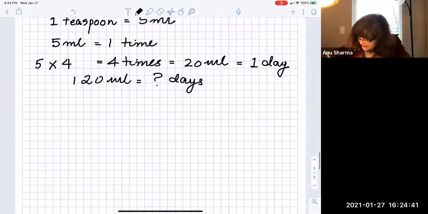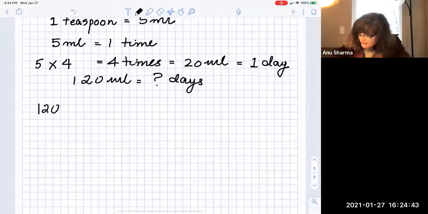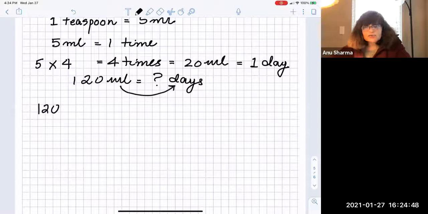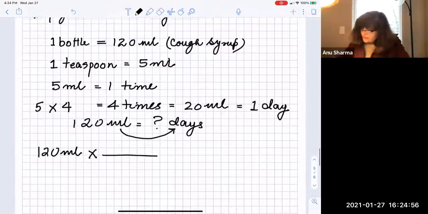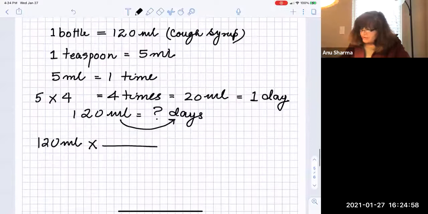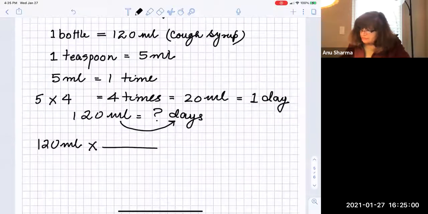So write down 120 ml and we need to convert milliliters to days. So 120 milliliters times, we need to get rid of the milliliters first. We don't care about the bottle, but we look at the teaspoons.